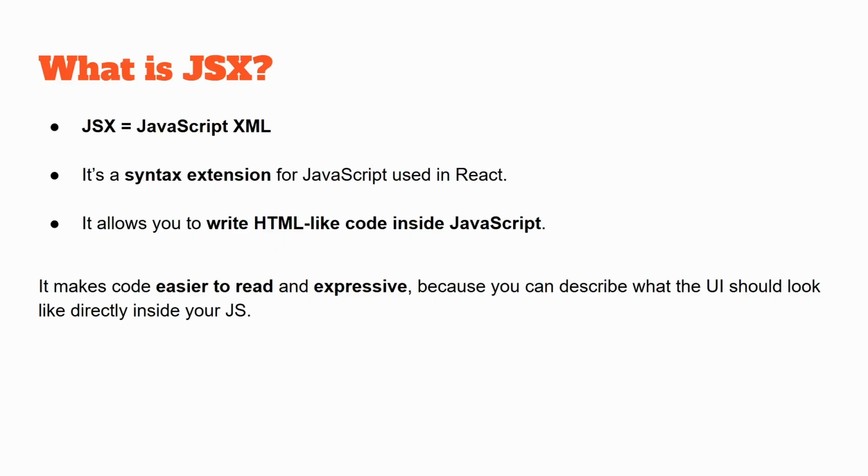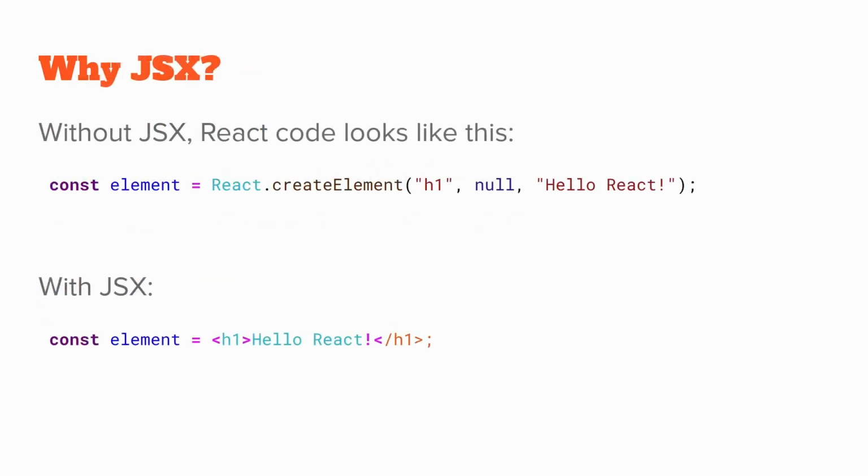This will make a little more sense once I show you an example. So let's look at the example now. Let's suppose you want to create an h1 tag. Now if you do not use JSX, then the way you do it using pure JavaScript and React is to do create element.